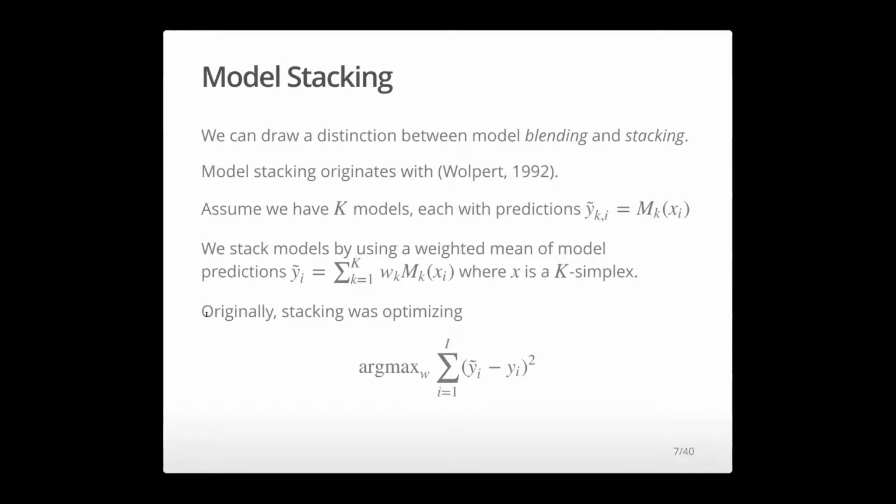And then the original idea behind stacking was that the way you get to these weights up here is that you're just optimizing this function down here, which is basically the difference between your stacked predictions and the actual observed data. Effectively, this is just minimizing mean squared error and trying to find the set of weights that does that. And it actually works reasonably well.